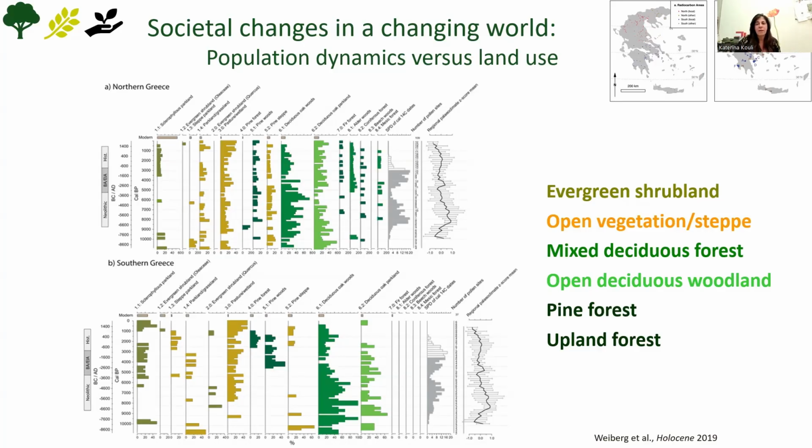In this study, what we have tried to do is to compare these shifts in vegetation, for example, this remarkable drop of the deciduous forest in southern Greece, with the population dynamics deciphered from radiocarbon dates and from archaeological data. And here we can clearly evidence the opening of the landscape from the closed forest as a result of the increasing and cumulative human activity.